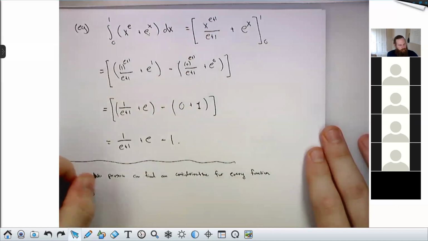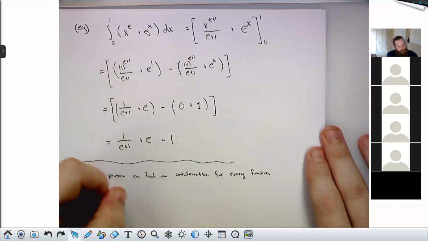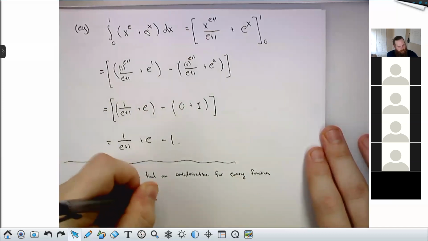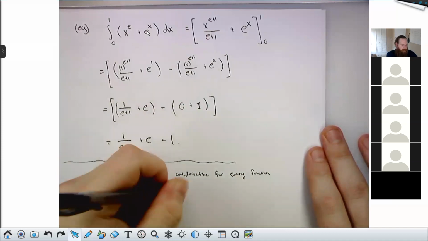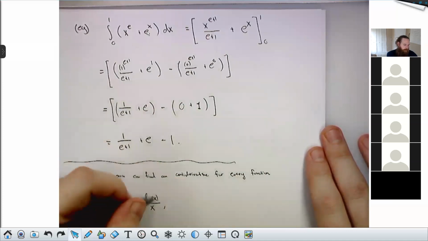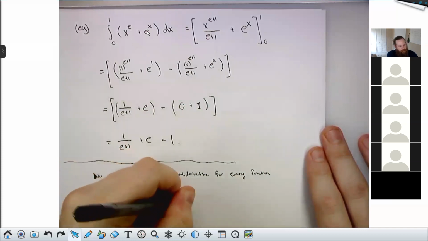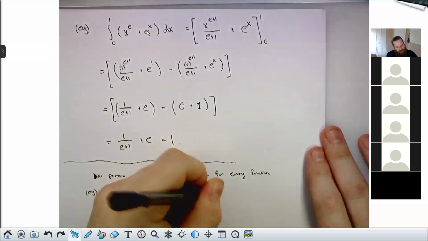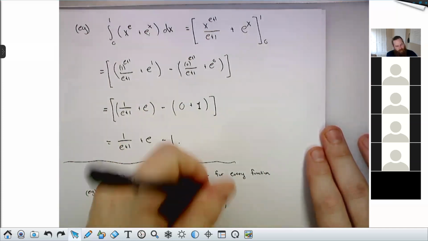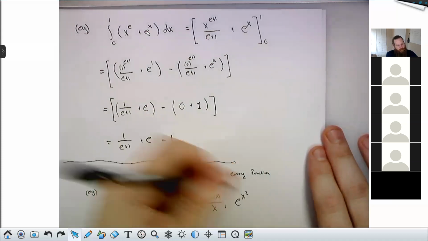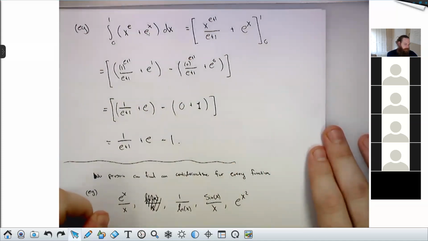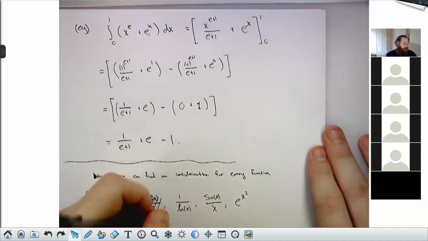For example, e to the x over x, ln x over x. Wait, no, this one I've got to take back. This one's not hard. 1 over ln x, sine x over x, e to the x squared. These all have no, we'll call it nice antiderivatives.